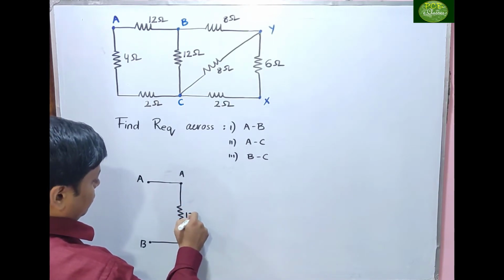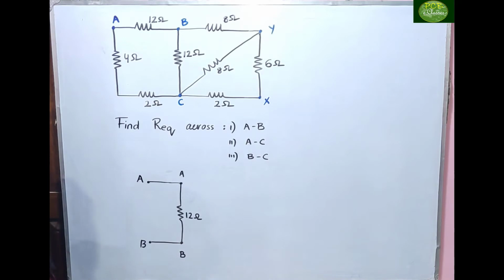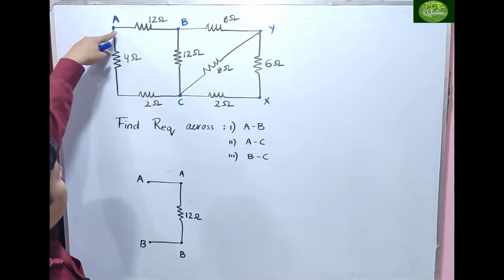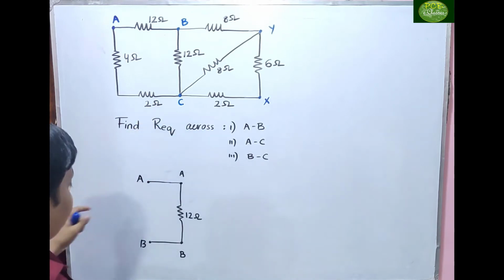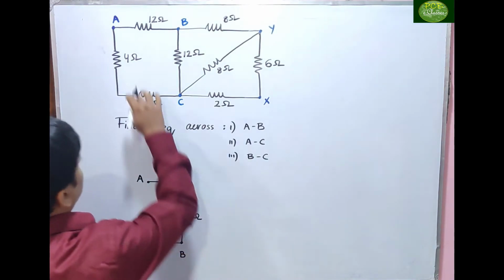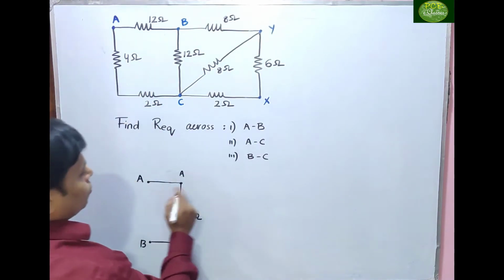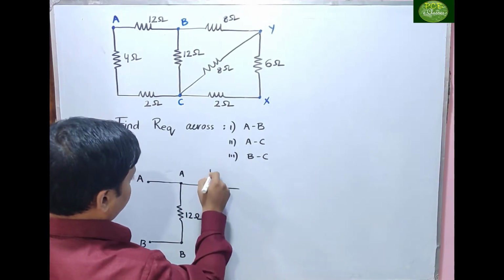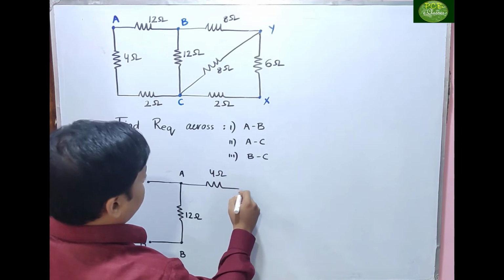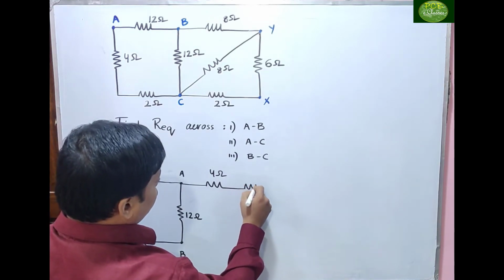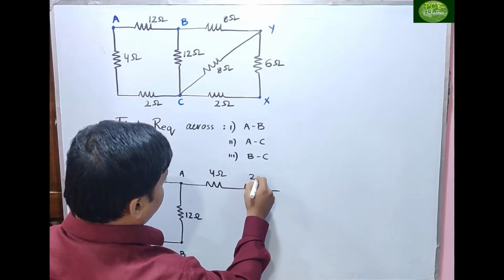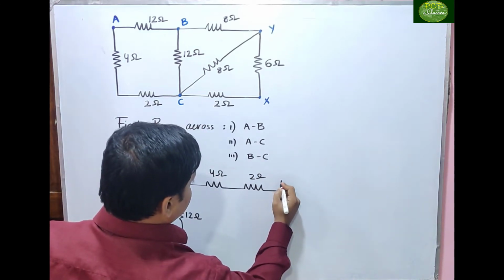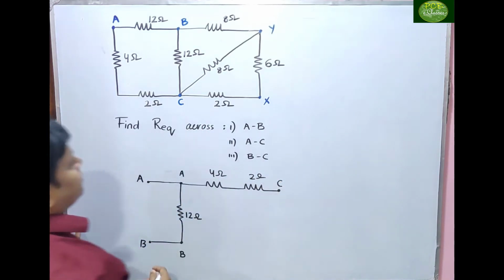So I am writing down 12 ohm. Fine. Next, A is connected to C through what? 4 ohm and 2 ohm. So I'll place it here, 4 ohm and 2 ohm. Which point is this one? This is point C.